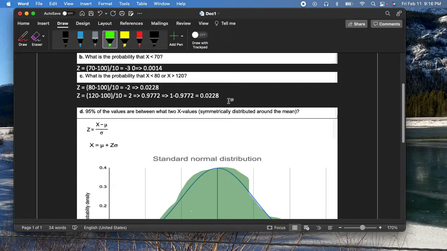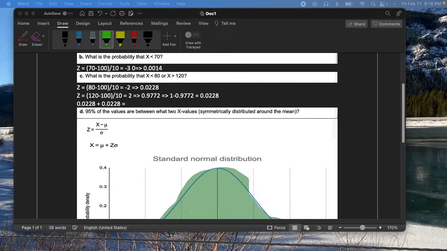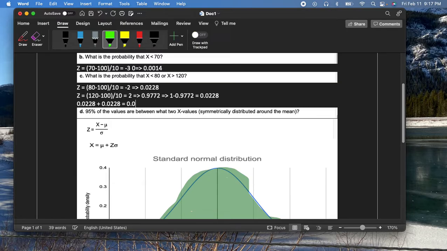So all we need to do is add those two. 0.0228 plus 0.0228, let me get my calculator here, equals 0.0456, and that will be your answer.